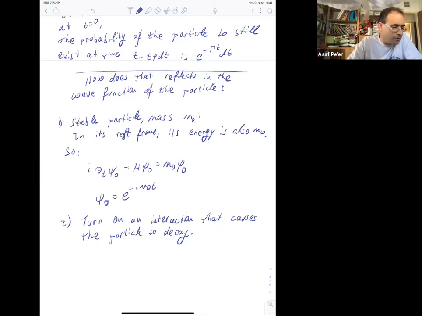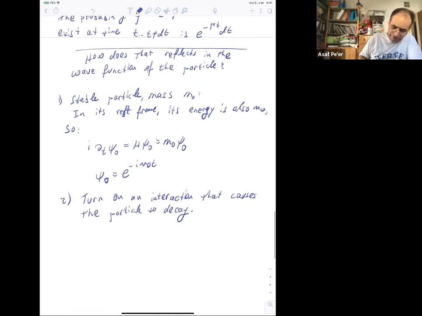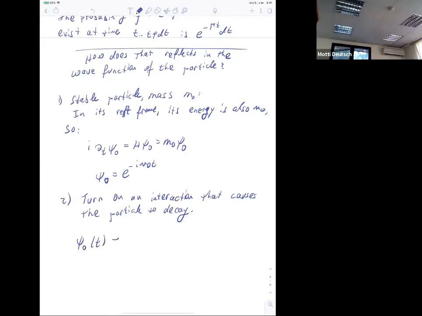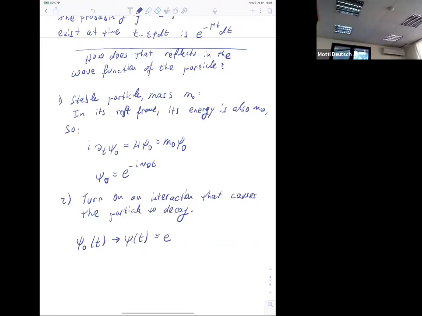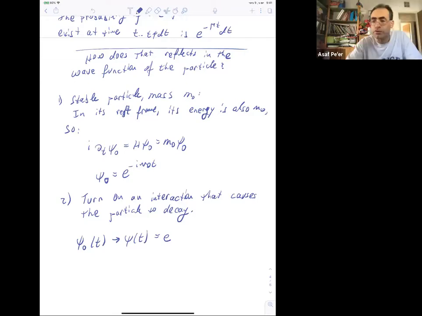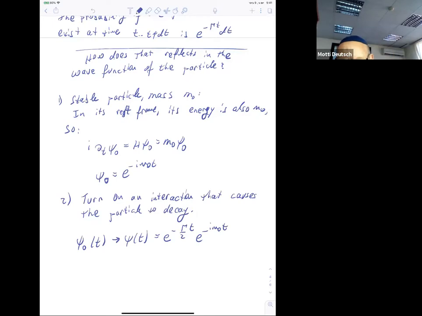So what we have to do is to multiply the wave function by some term of the form e to the minus gamma over 2 t. So we have psi 0 of t, we now have to modify it into psi of t. So psi of t is just e to the minus gamma over 2 t, e to the minus i m0 t.